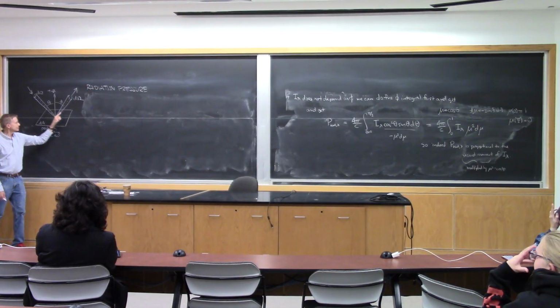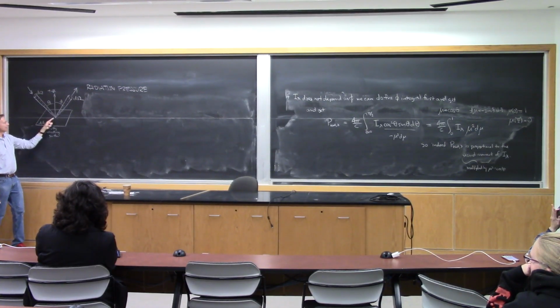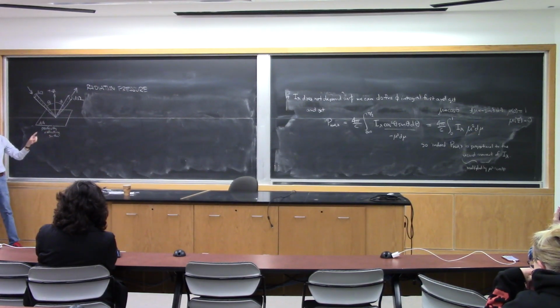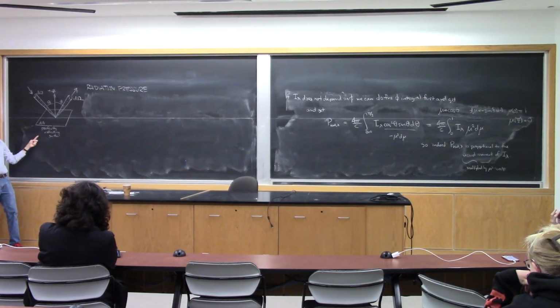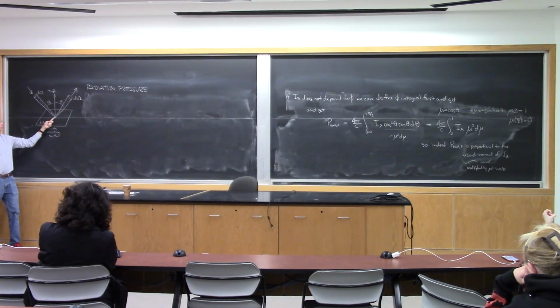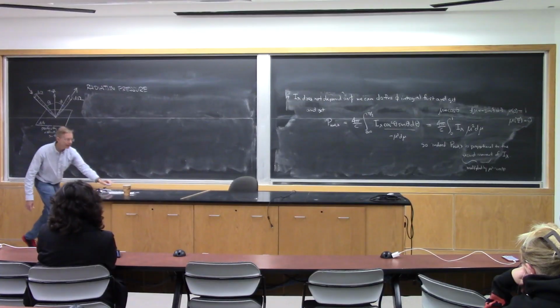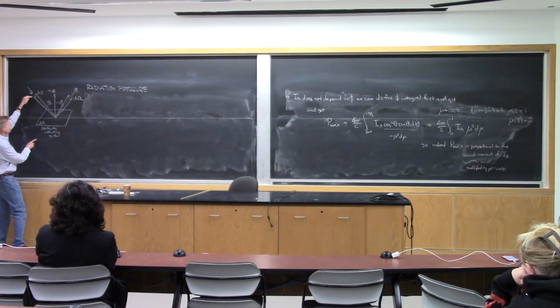But consider this photon right here that reflected off of the mirror. If the radiation field is isotropic, then surely there's some other photon that was coming from below that is going to replace that photon that got reflected. In other words, here's a photon, here's a photon.